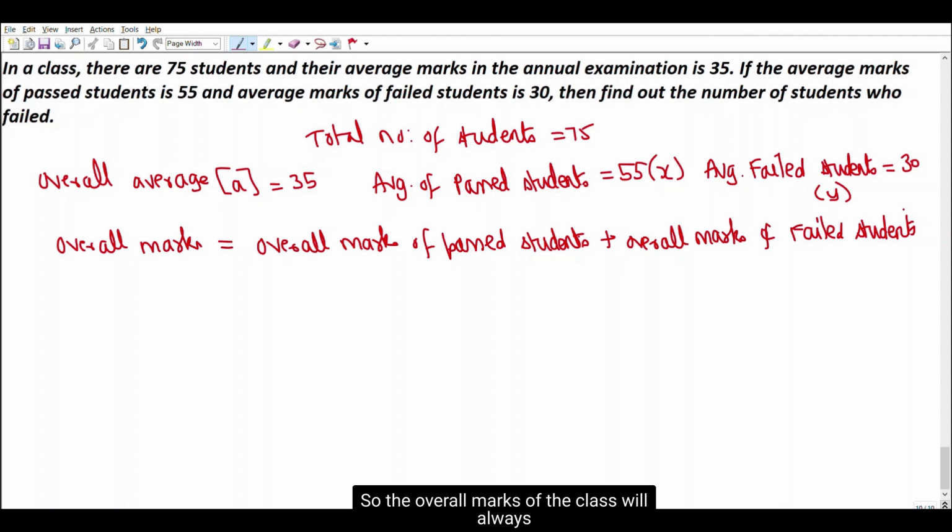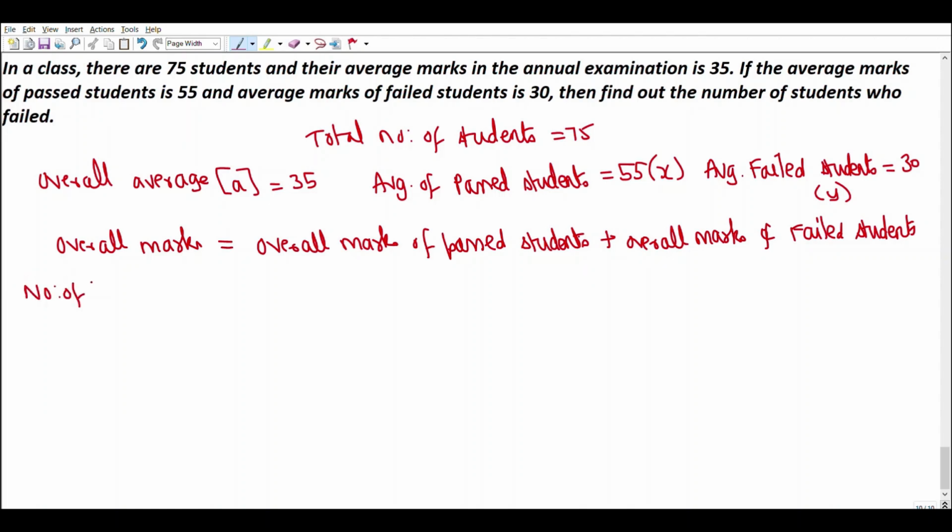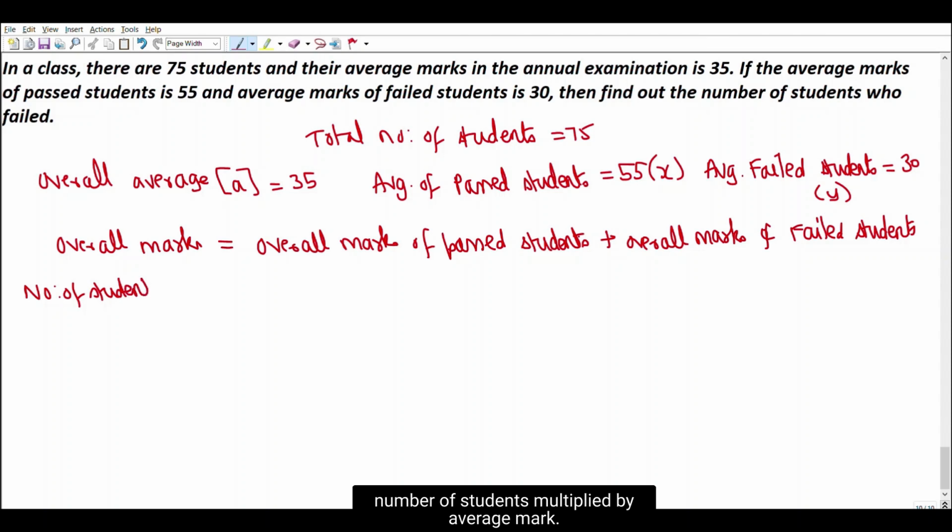So the overall marks of the class will always be equal to overall marks of the passed students plus overall marks of the failed students. Here the overall marks can be found as number of students multiplied by average mark.